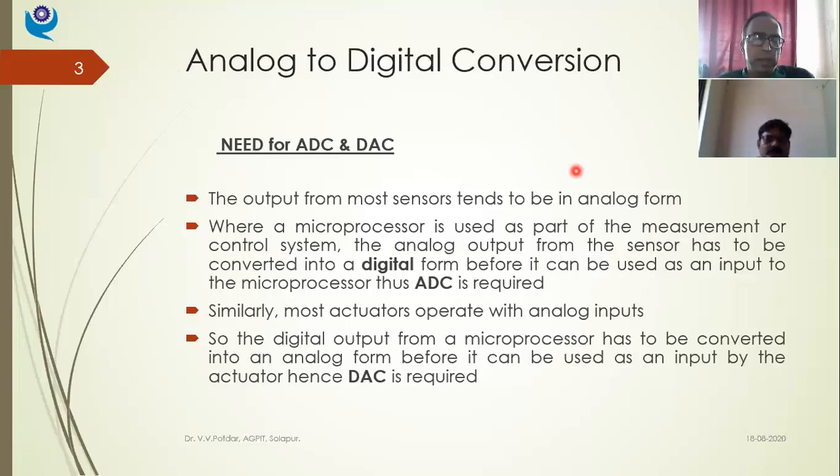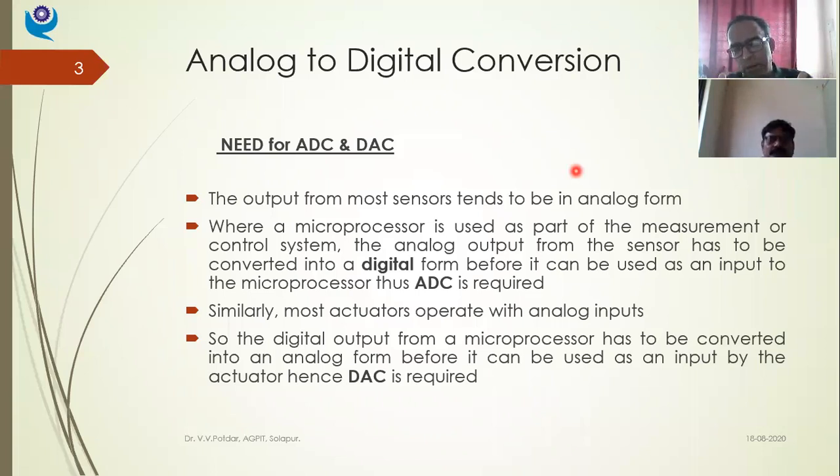Here comes into picture your A to D converter. The analog signal from the transducer is converted into an appropriate digital signal through my ADC, and then the microprocessor will understand that digital signal, process it as per my requirement, and generate the output, which is once again a digital signal.